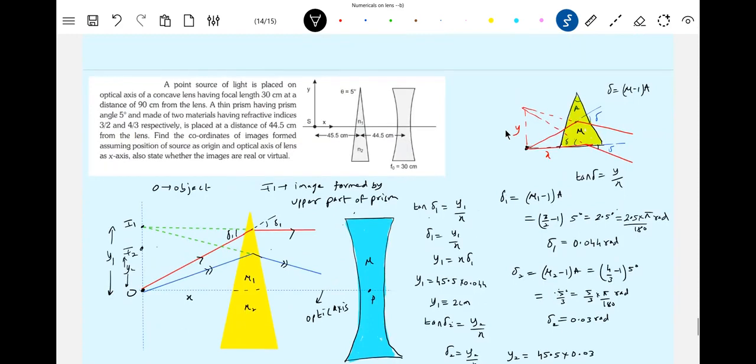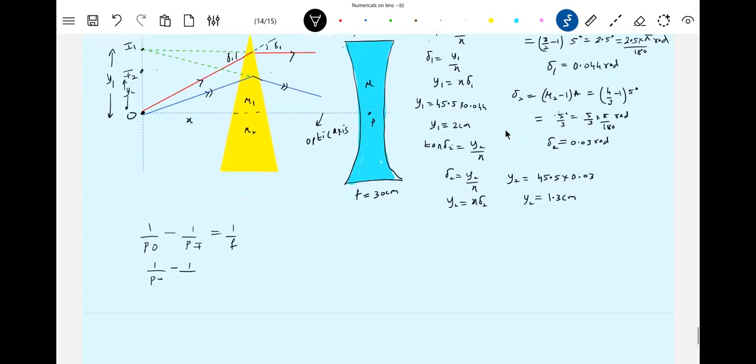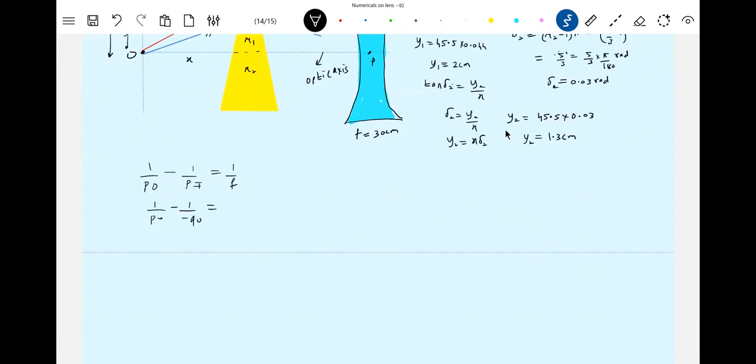Total will be 45 plus 45, 90 centimeter, so u is minus 90. Focal length is minus 30.